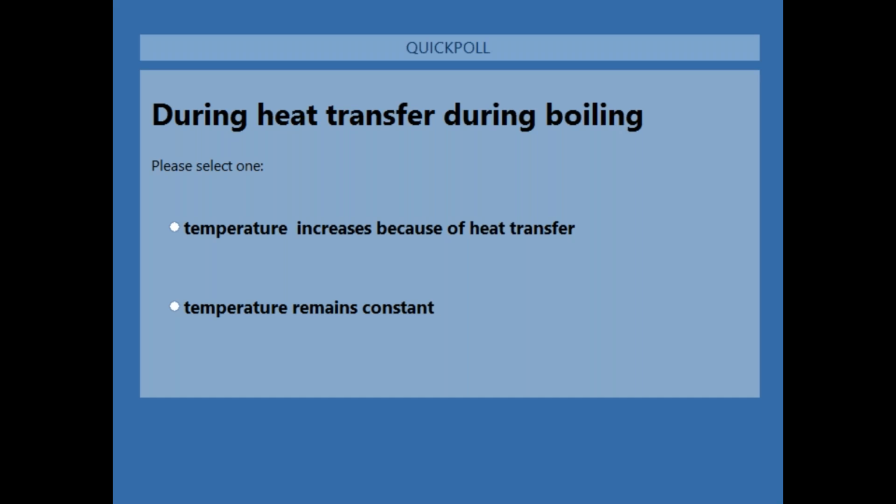Please be quick in recording your responses because we are short of time. Please read the question carefully. During heat transfer, while the boiling process is happening, the temperature increases because the heat is being added, or the temperature remains constant.